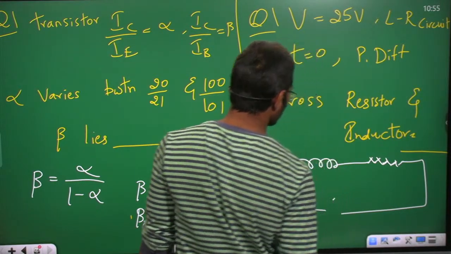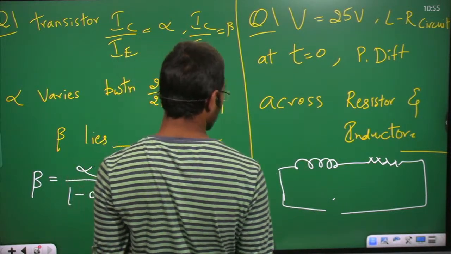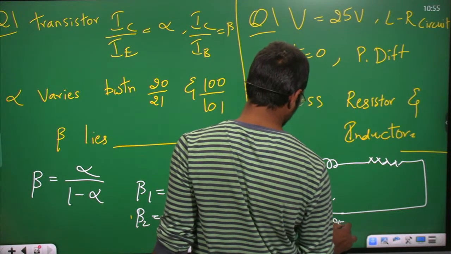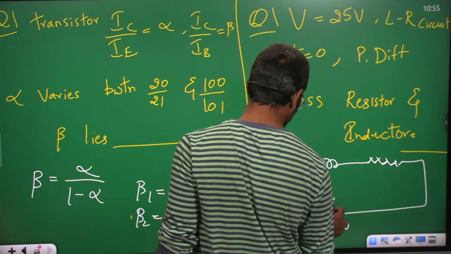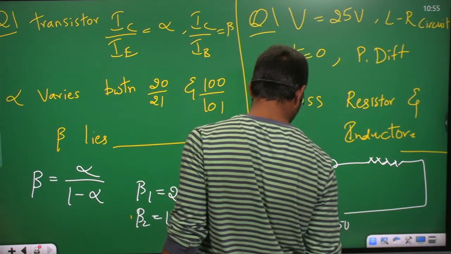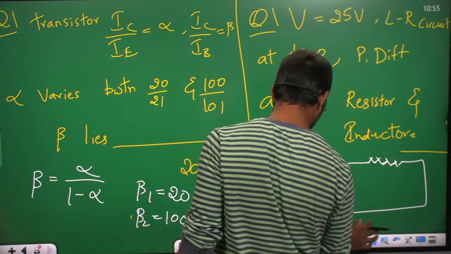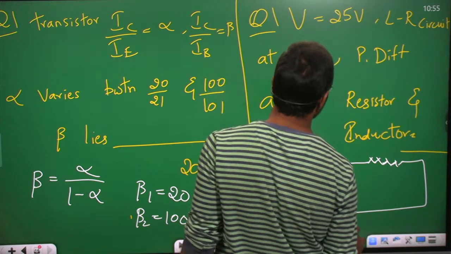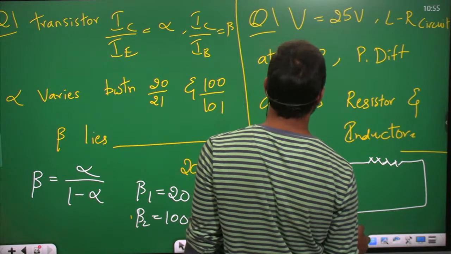So the initial potential difference is 25 volts. Right? 25, okay.